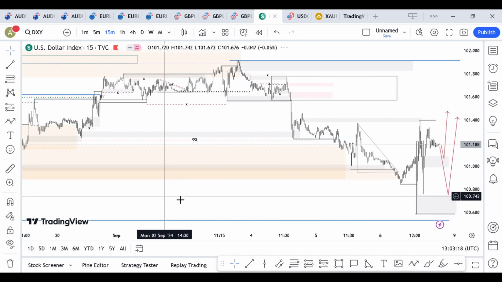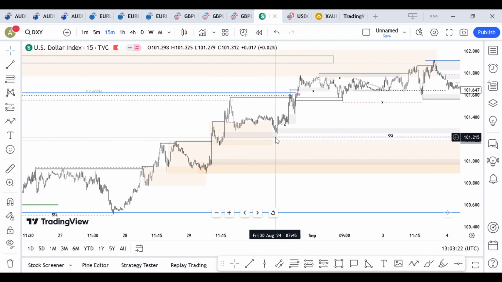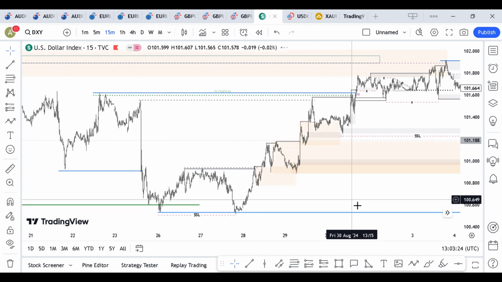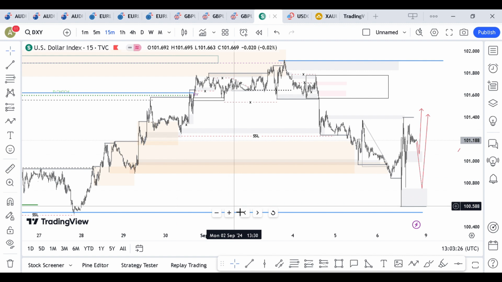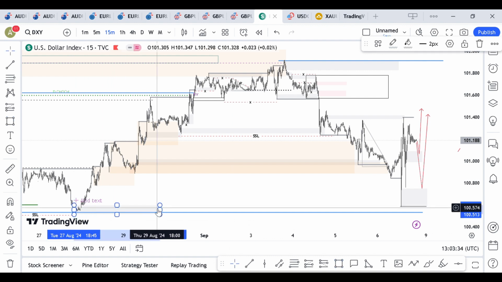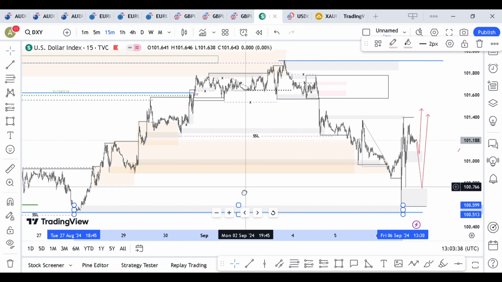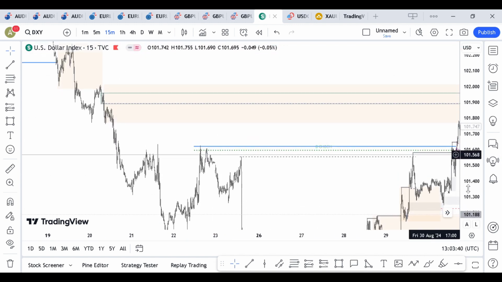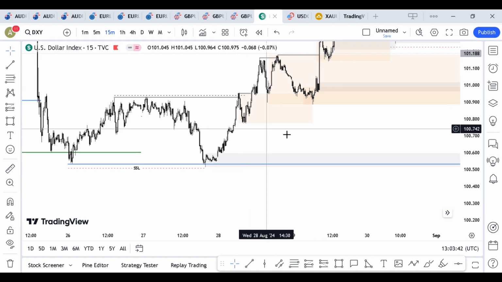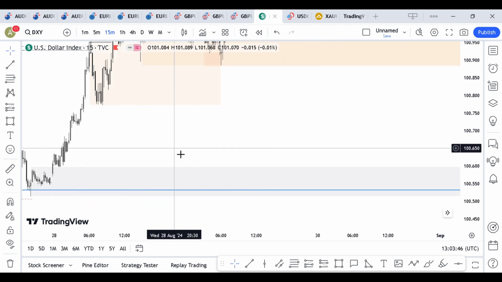Let's see where this price reacted from. Okay, it reacted from this demand area right there, and coming across, you can see it was very clear. Oh, okay, now I understand.